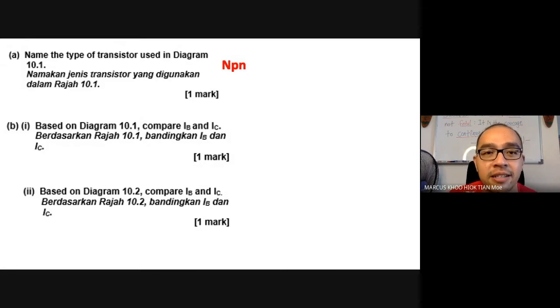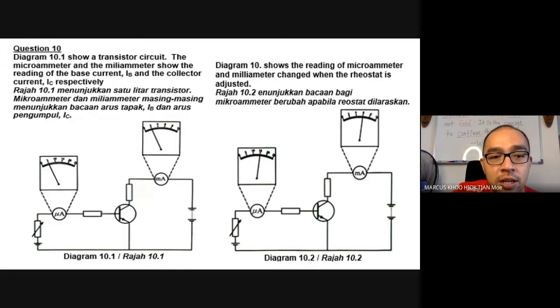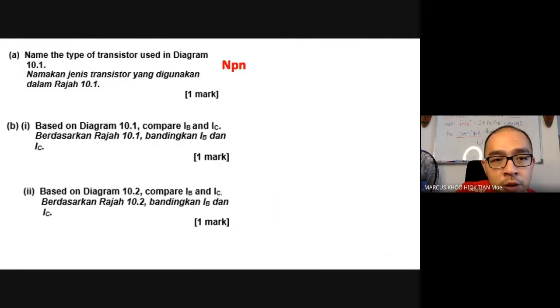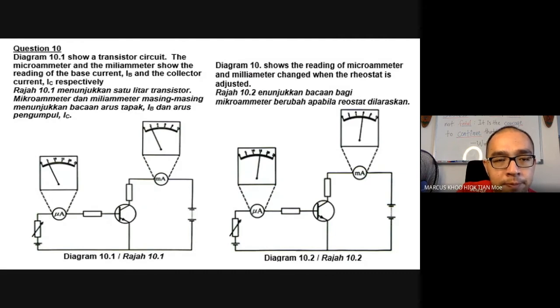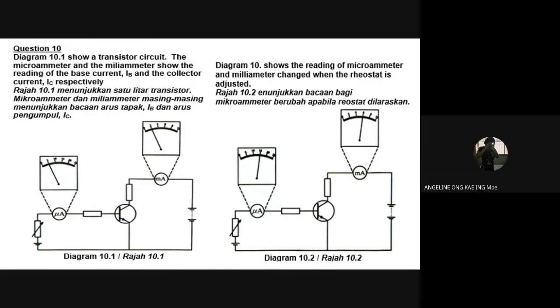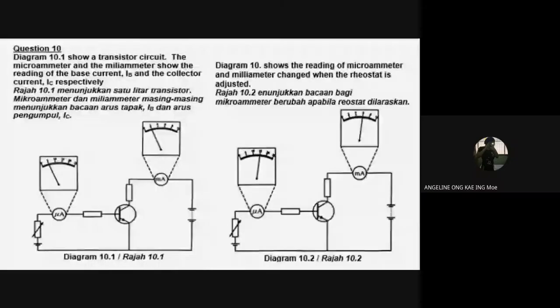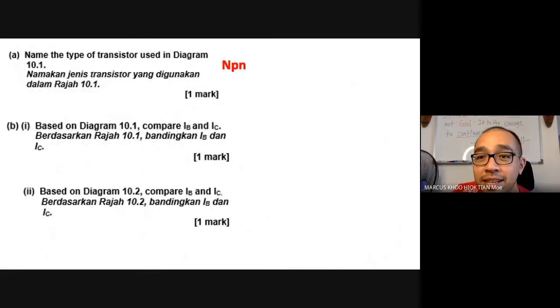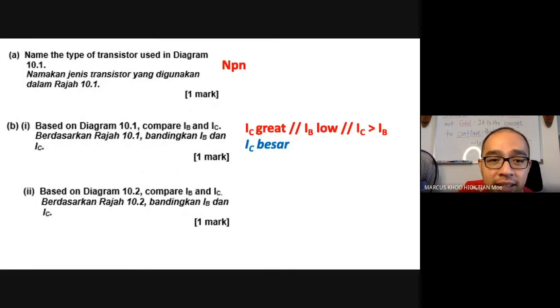Rania has already answered this for us just now. So this is NPN because of the arrow moving downwards. Angeline, can you please compare IB and IC for me in diagram 10.1? IC is bigger than IB. All right. Secondly, after Angeline is Brandon, right? I always skip Angeline for some reason or another. Brandon, 10.2.